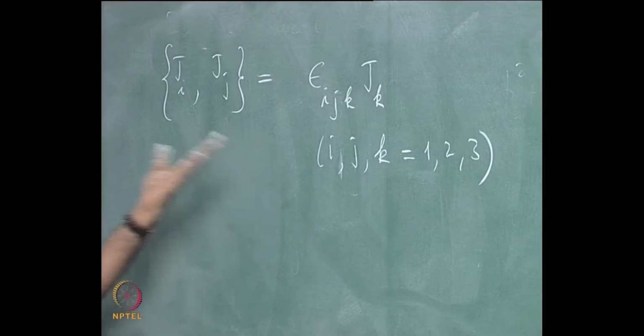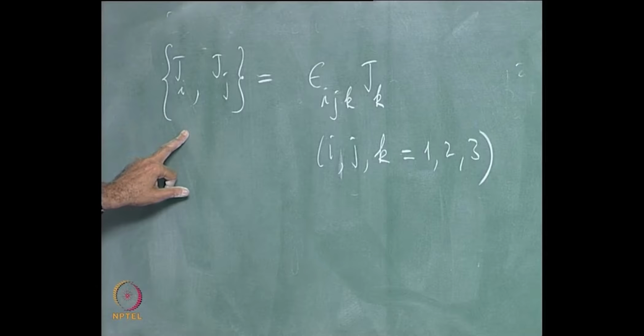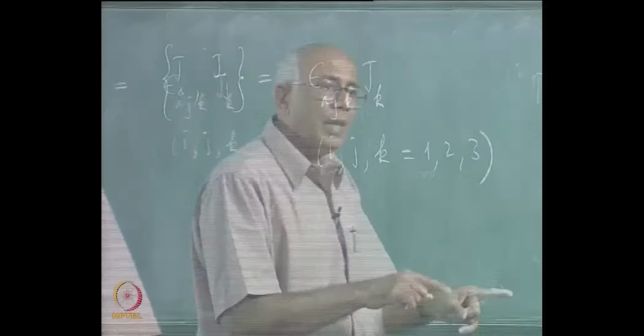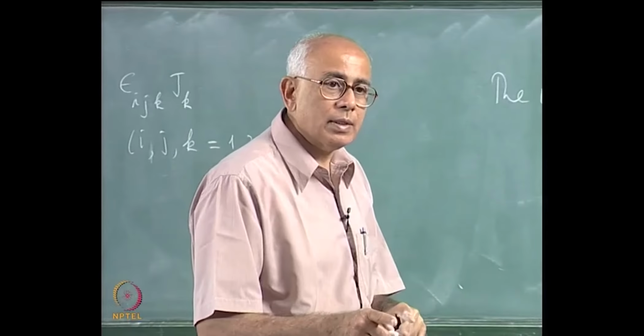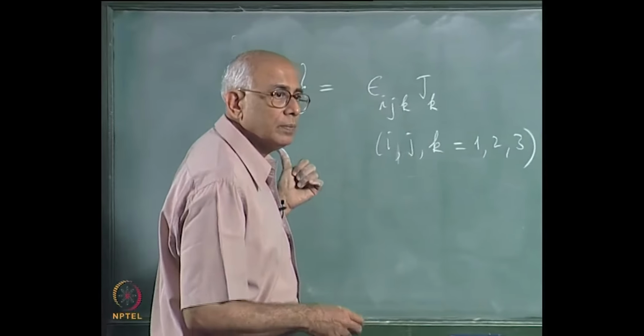What does this remind you of? This is exactly the relations obeyed by angular momentum components. If you write r cross p in 3 dimensions and ask what is the Poisson bracket of Lx with Ly or Ly with Lz or Lz with Lx, you get exactly this set of relations.